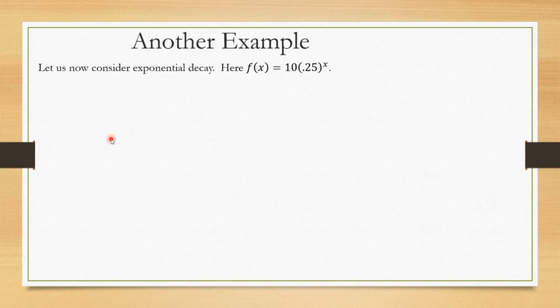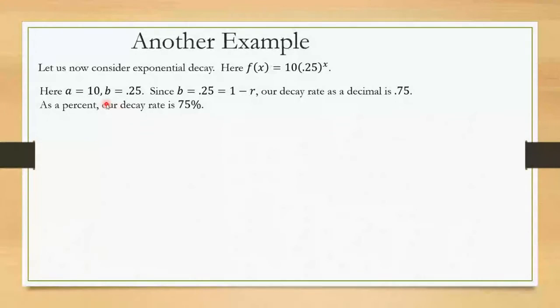So we have f of x now is 10 times 0.25 to the x. Again, just like before, we can get our initial value. Remember, that's what a is. So that's 10. We have our b, our base. Since that's less than 1, R must be of the form here.